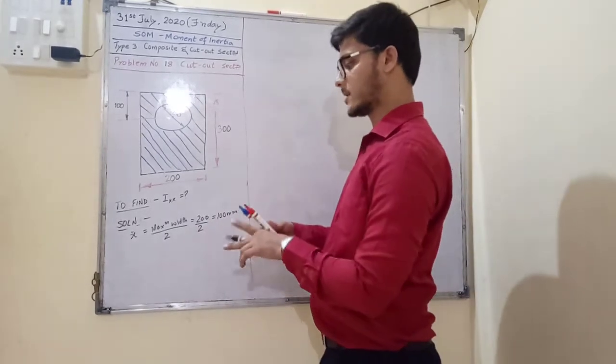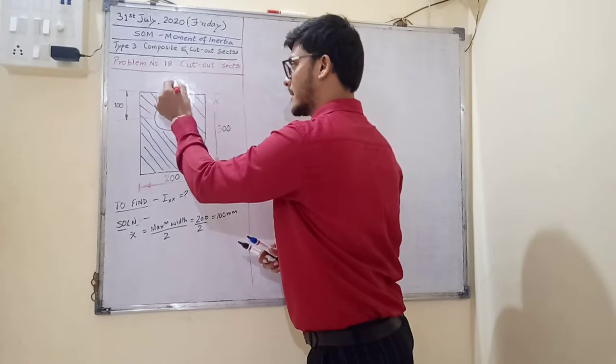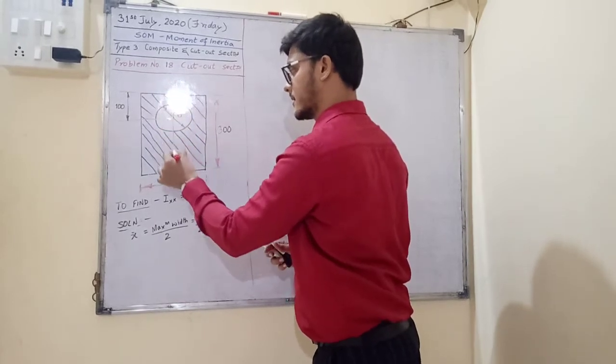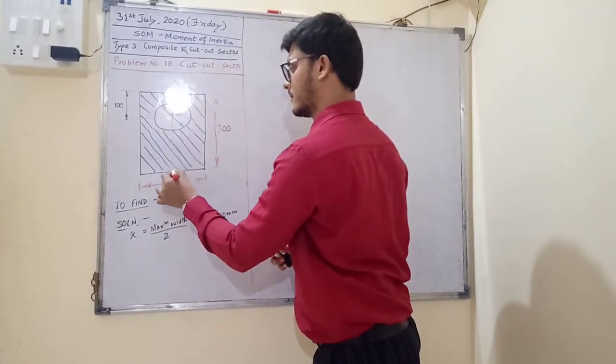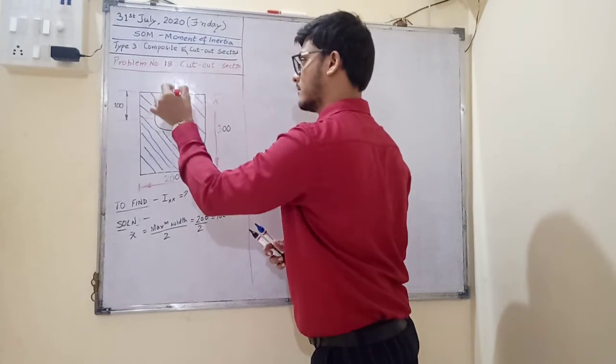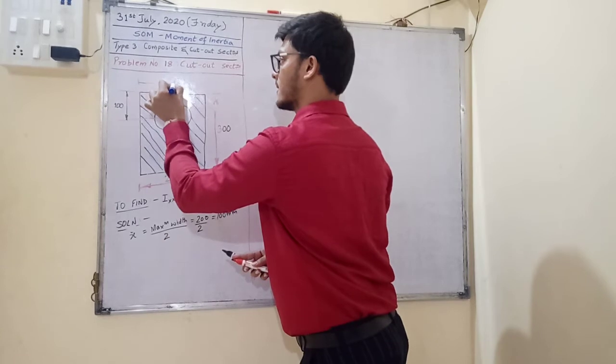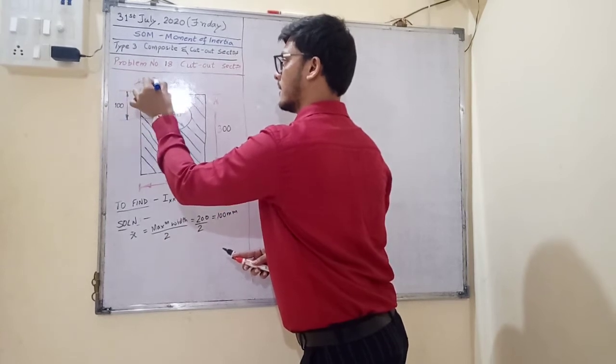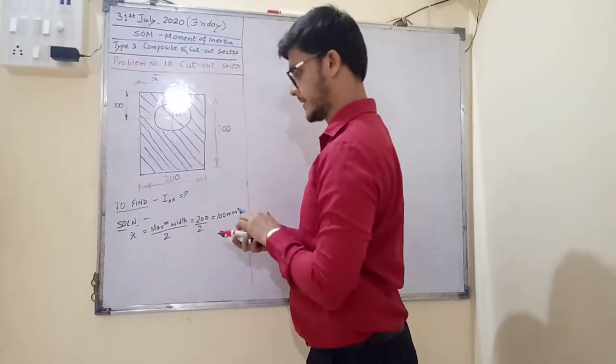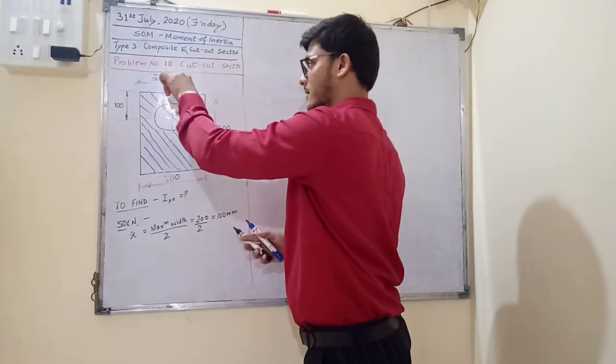So I am drawing the x bar line, which will pass exactly from the center of this figure. This distance is x bar, passing exactly from the center.